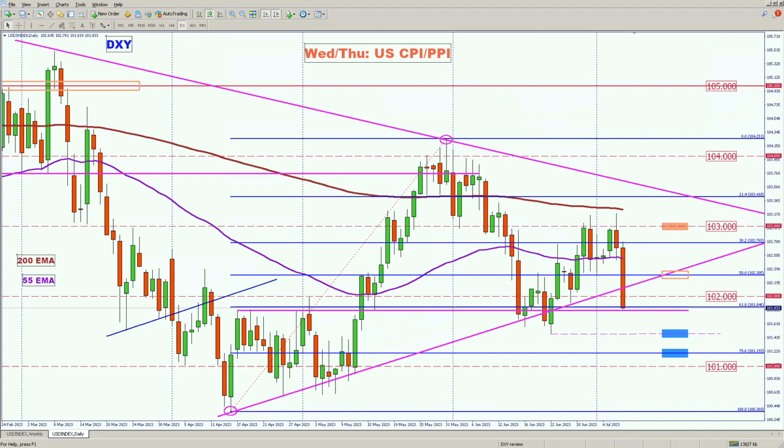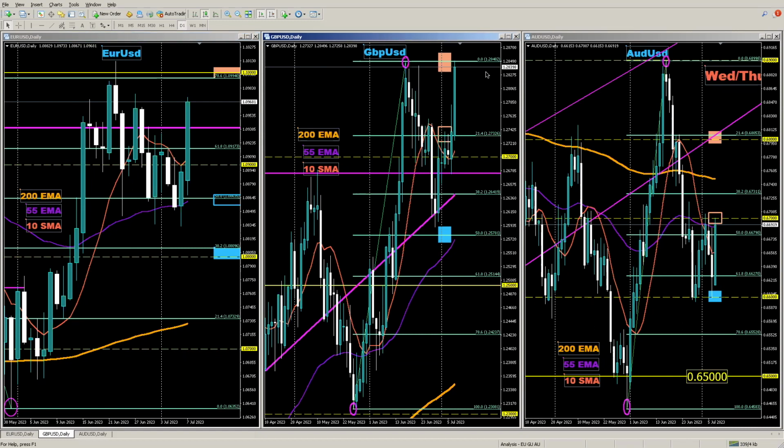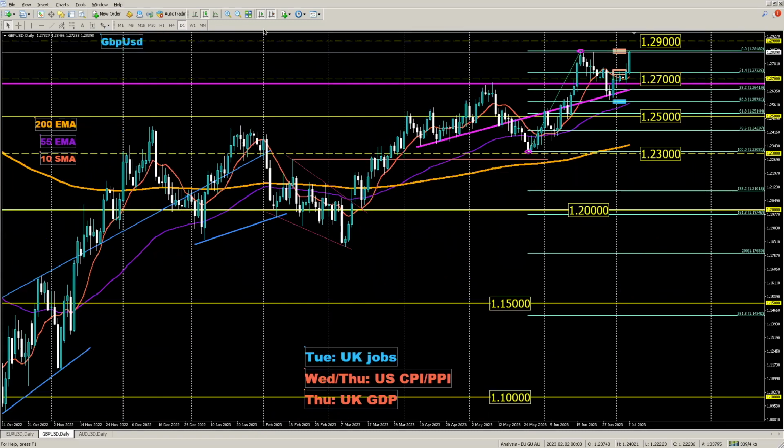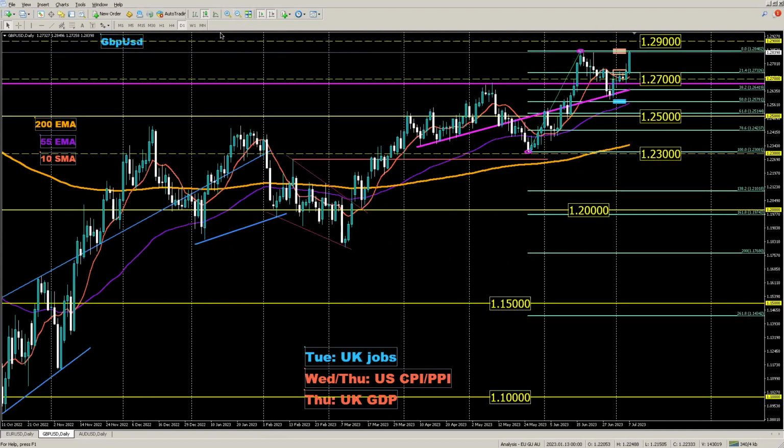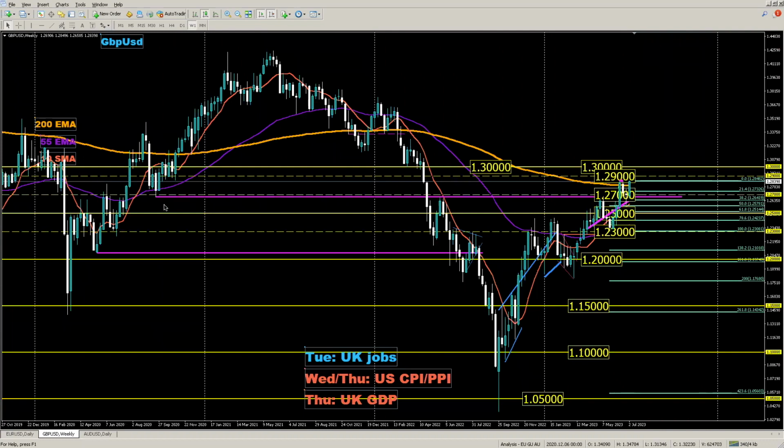Okay, let's move back to the other major pairs. Let's move on to the cable. And the cable is the strongest of these three pairs, and it did test the breakout of this level from the past here, from all the way back in August of 2020.